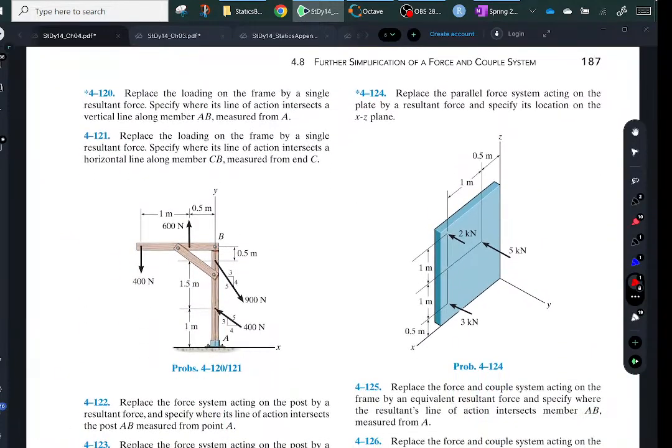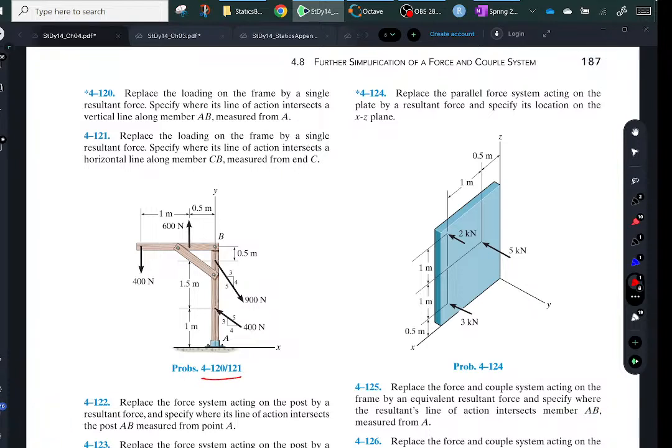Here's that one. So he's got four forces in a weird arrangement here. Very strange. And he says, well, which one do I want to do? Let's see. Replace the load on the frame. Okay, so first of all, this is 20 and 21.